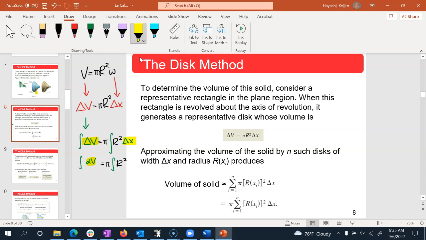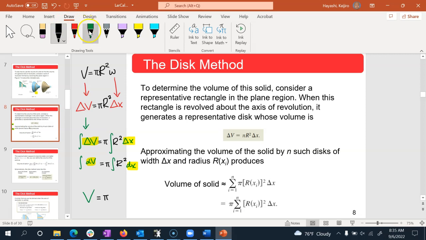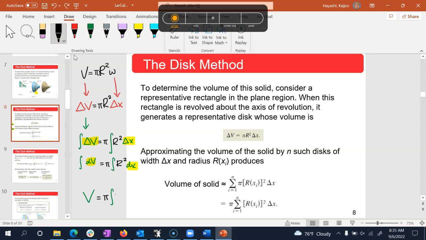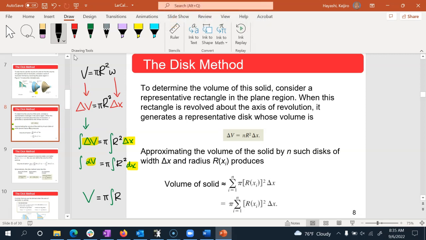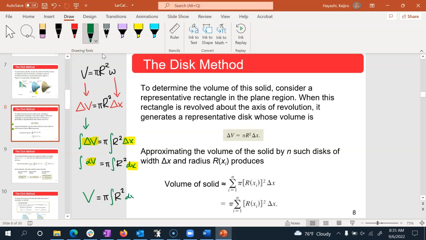And the delta x changes to a dx. And the integral of 1 dV, or the integral of dV, is just V. So really, what you're going to be able to do is to get the volume by integrating pi times the integral of r squared. Now, r is the height of each rectangle. It's basically the height of the function at any given point. So r is just going to be whatever expression the function uses, and you'll sort of see what I mean later. But this is going to be the formula.